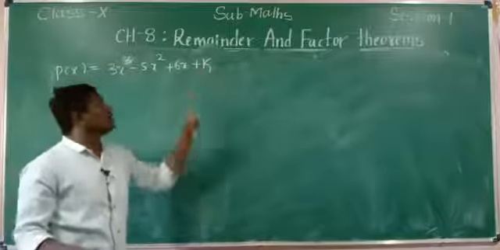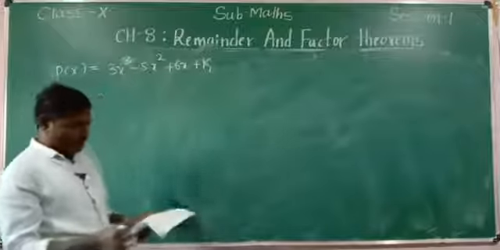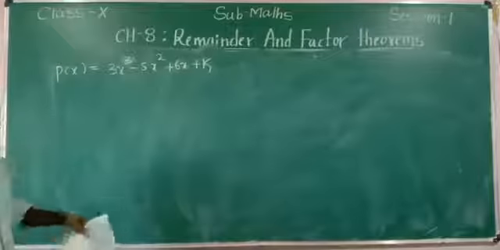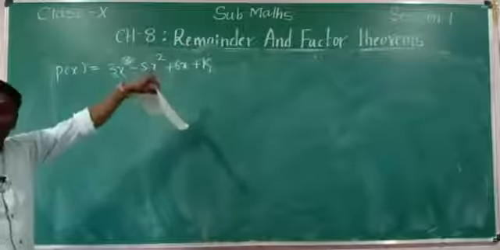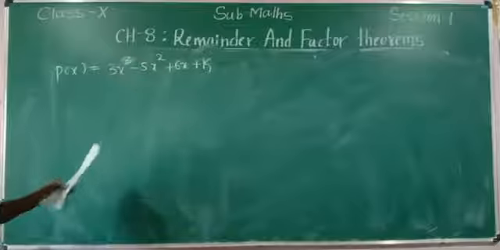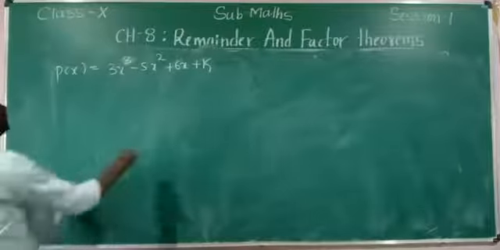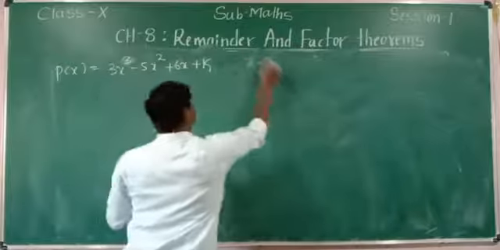So that required number is considered as k. Okay, so we need to find the k value. It indicates how much value we need to add to the given expression.